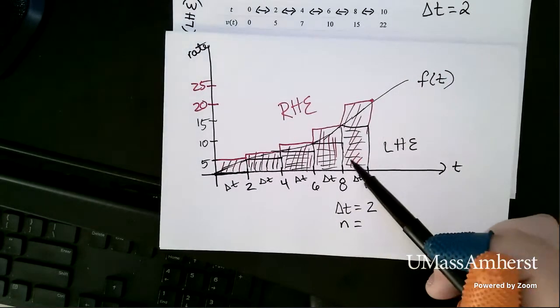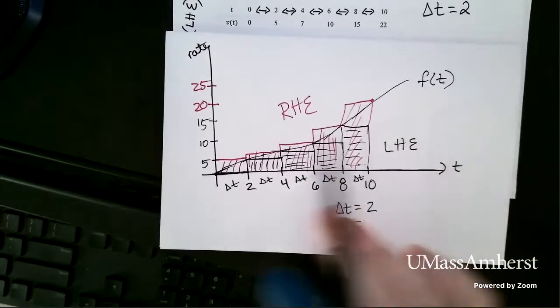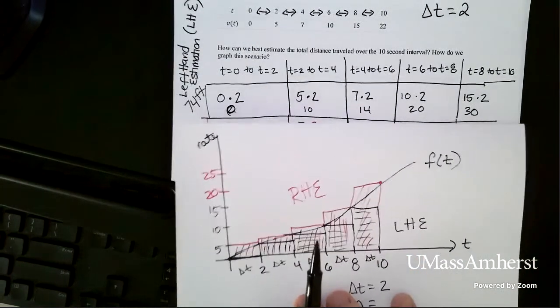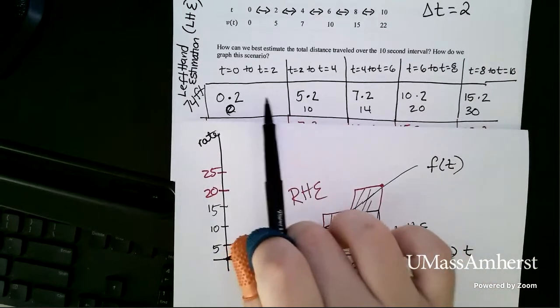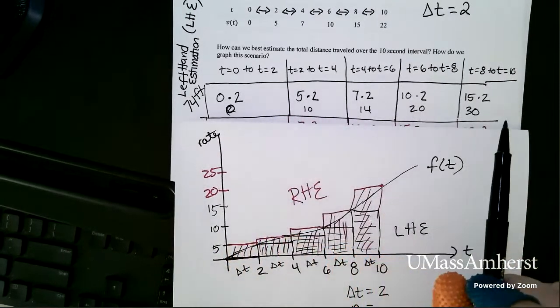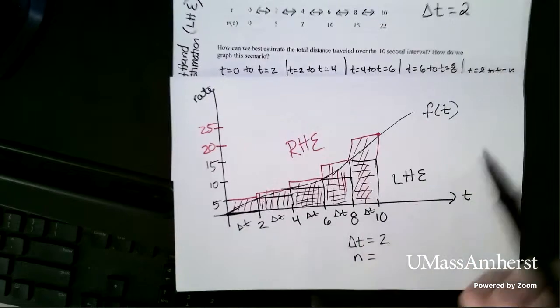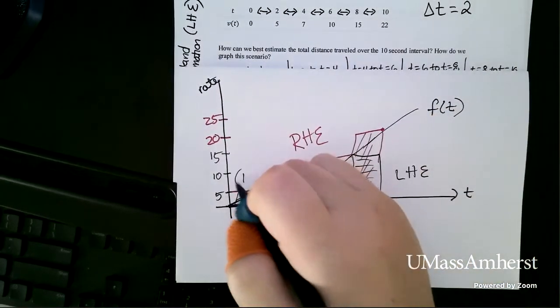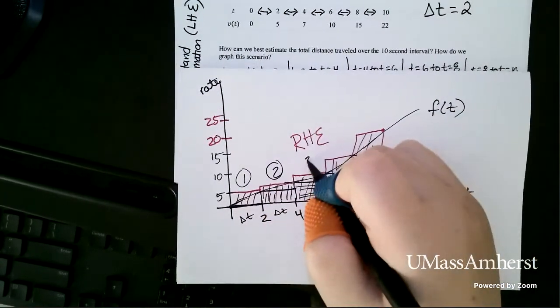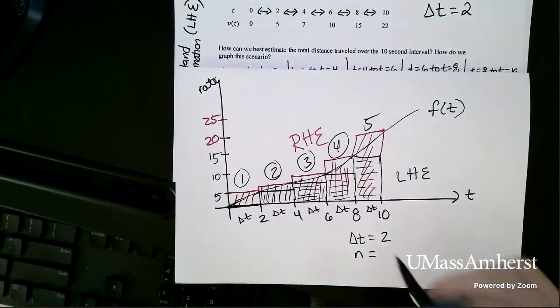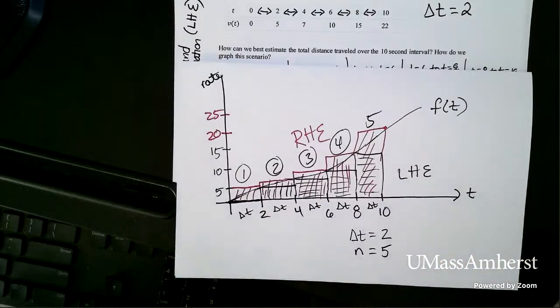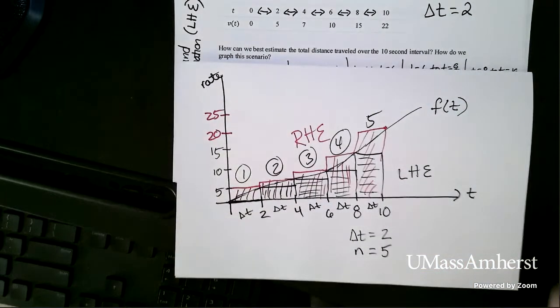So on our picture, that translates to the number of rectangles. On our algebraic computations here, it's the number of intervals. So here is 1, 2, 3, 4, 5. There's 5 intervals. Similarly, we have 1, 2, 3, 4, 5 rectangles. So here my n is 5.